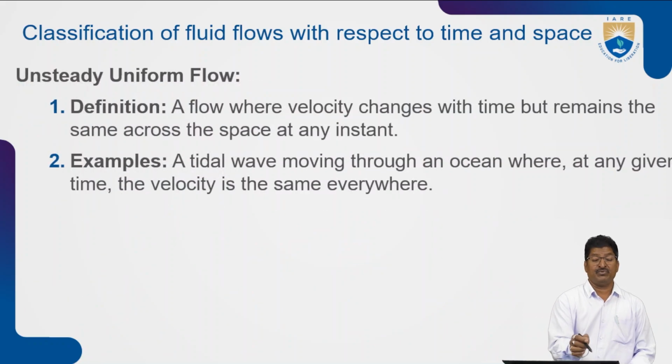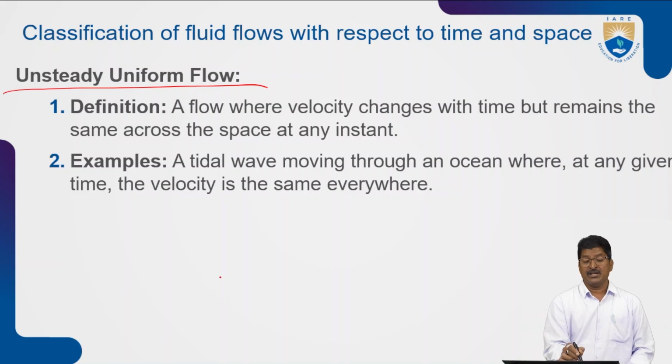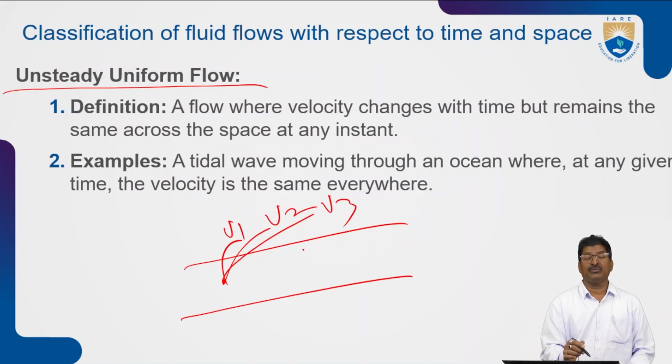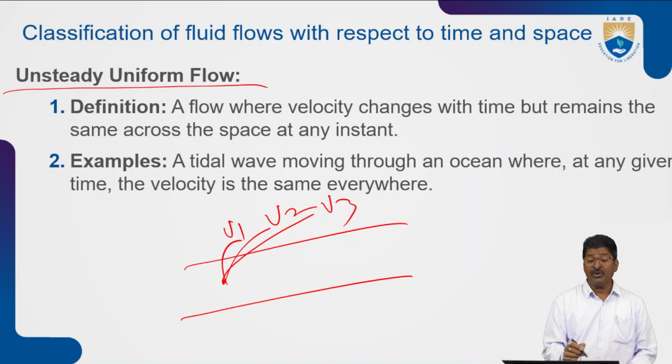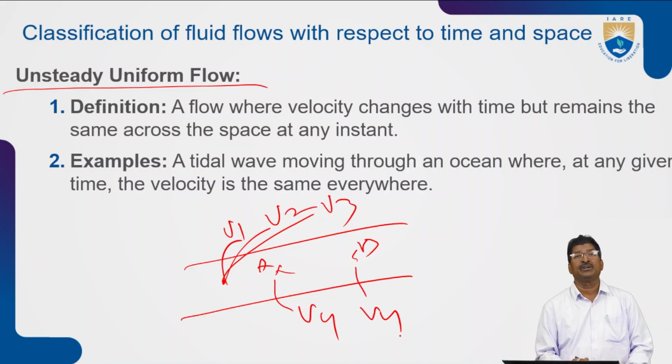Unsteady uniform flow. So what does unsteady uniform flow mean? Unsteady means if you measure here, now it is V1, after some time V2, after some time V3. So velocity is changing with respect to time. That is unsteady flow. Uniform flow means if you measure at point A and point B, if it is V4 here, here also V4.